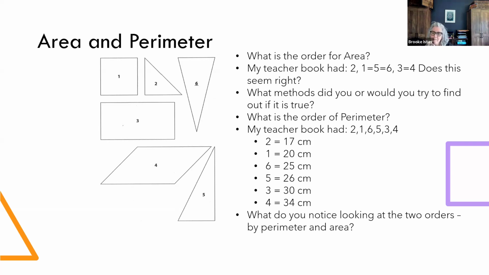So what do you notice looking at these two orders, both by perimeter and area? Is there anything that just jumps right out at you? Well, speaking for myself, what jumps out to me is that eyeballing it is not a very reliable way to determine either area or perimeter.